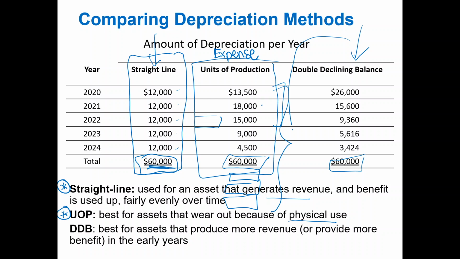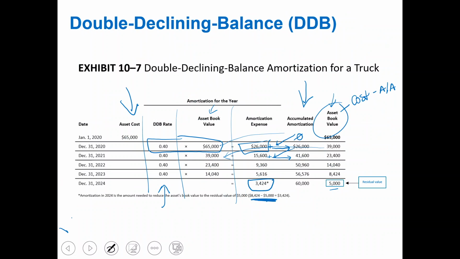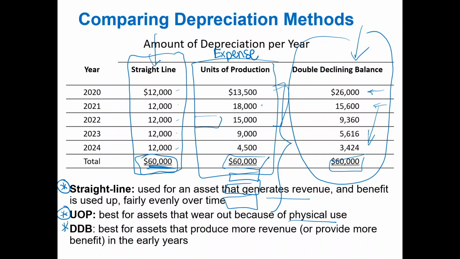So double declining, as we can see here, the expense is the highest in the first year, and then it continues to drop after that. So we use double declining for assets that produce more revenue or provide more benefit in the early years and then have less benefit after that.